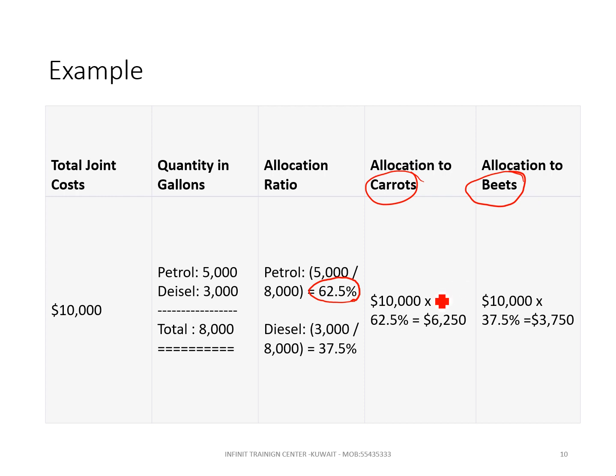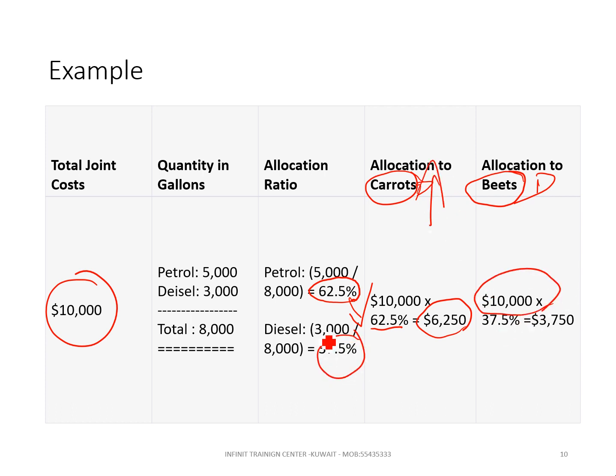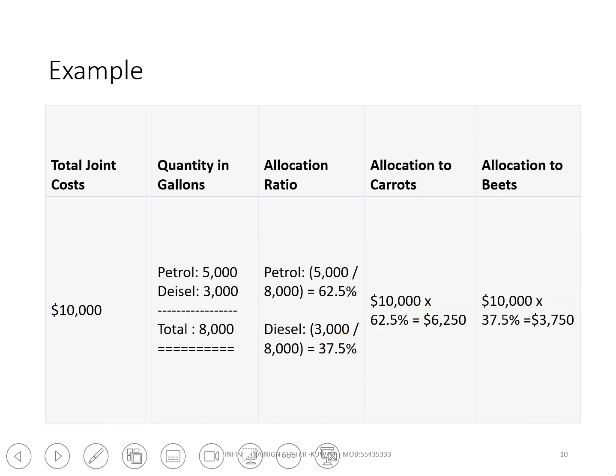So now $10,000, this is petrol and this is diesel. $10,000 multiplied by 62.5%, 6,250 out of this 10,000 will go to petrol, and 10,000 multiplied with 37.5%, or 3,750, will go to diesel. It is based on a percentage of the output what we have. Okay, so this is what actually the physical method is, very easy to do the calculation.